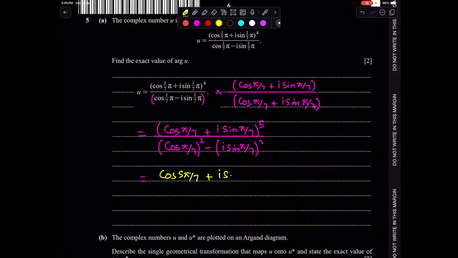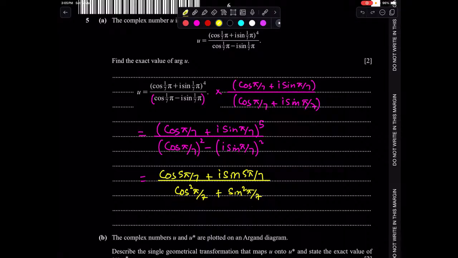And i sin 5 pi by 7. In denominator, we have cos square pi by 7 plus sin square pi by 7. See, this i square is minus 1, so this is positive. And this entire thing will become 1.